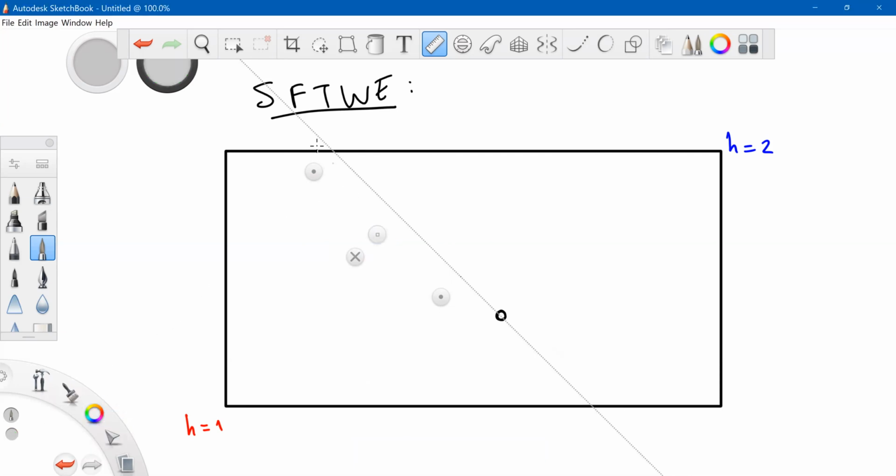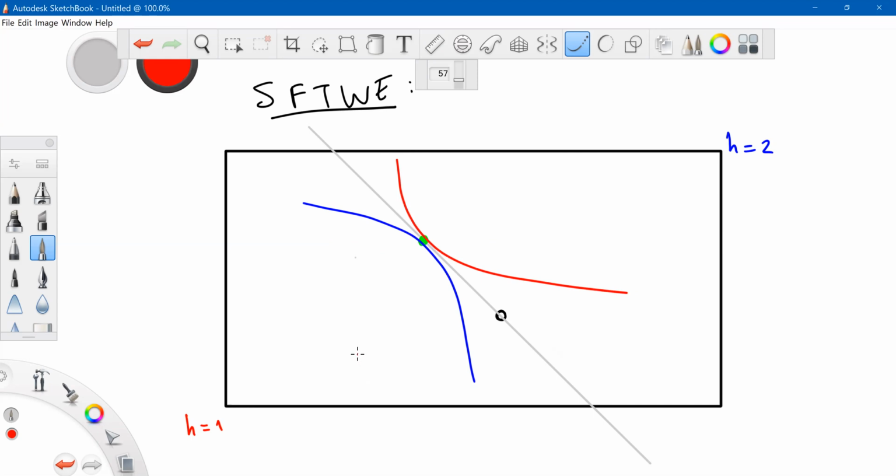So let's say this is your Walrasian equilibrium. Now you have the Walrasian equilibrium allocation. You have that, and you have that, right?